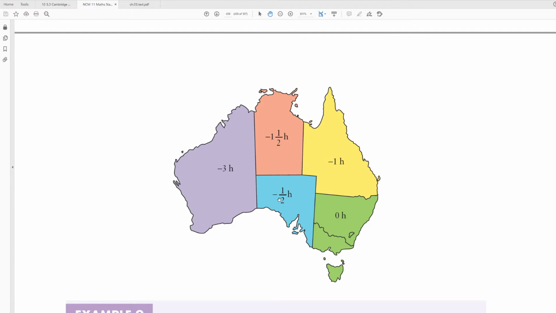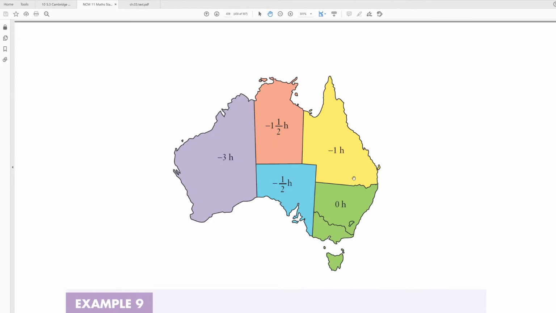Okay, if it was, say, 2 p.m. in Adelaide, and you want to know the time in, say, Darwin, the difference in time between these two is actually only 1 hour, because they're normally in the same time zone, but because it's daylight savings time, it's a difference of an hour. So let's say if it was 5 p.m. in Adelaide, then it'd be 4 p.m. in Darwin. Okay, so it's an extra hour behind.